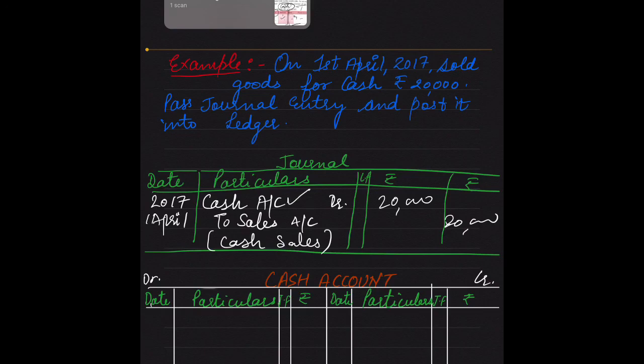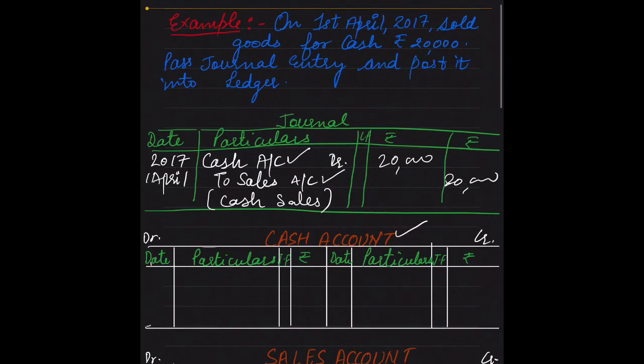You can see in this transaction there are two accounts, cash account and sales account. So we have to prepare two ledger accounts, cash account and sales account. First we will prepare the cash account. How do we pass this entry into the cash account?